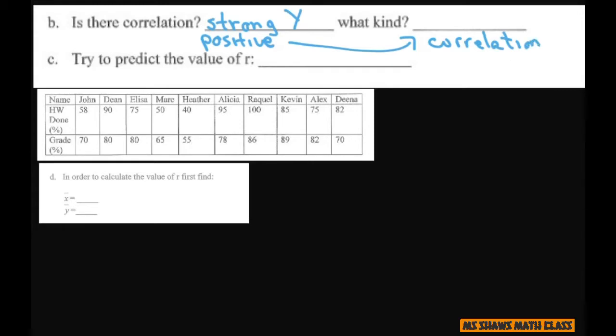So we know on strong positive correlation, that means our correlation coefficient is in this interval. So let's try to predict it. And if I were to predict it, I would just say, let's say 0.85. And we are just guessing here.